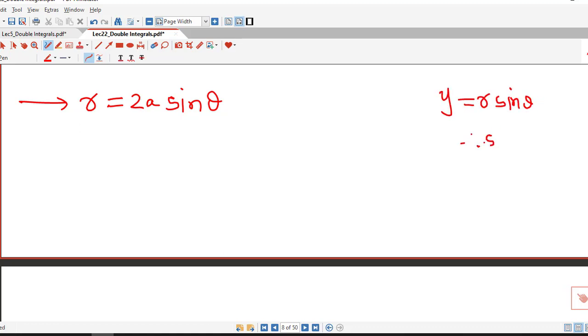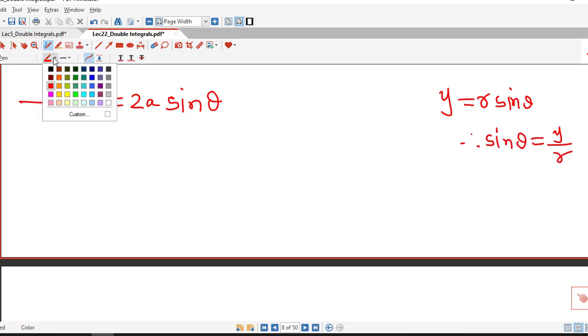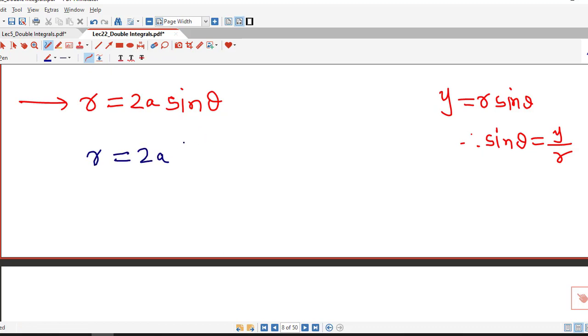Similarly, suppose I consider r equal to 2a sin theta. We know that y is equal to r sin theta, so I can put sin theta equal to y divided by r in this equation. So I have r equal to 2a y divided by r.